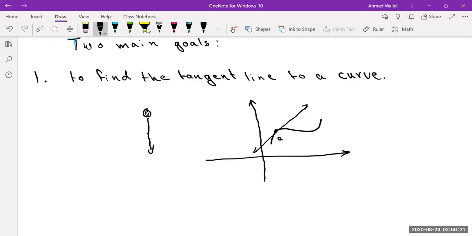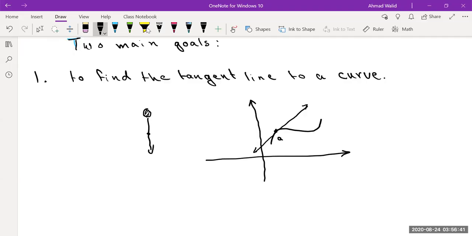Sir Isaac Newton knew that based on algebra, he could not find the speed of this object at a given time, like at 5 seconds, how much is the speed of this object going down.